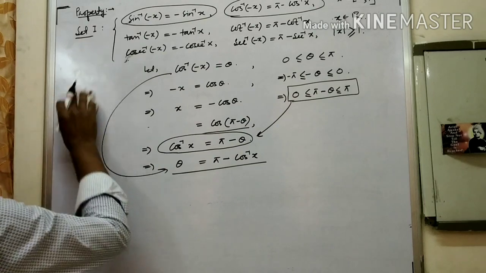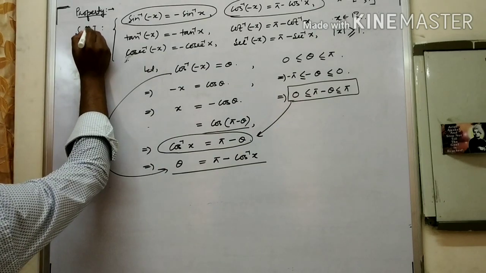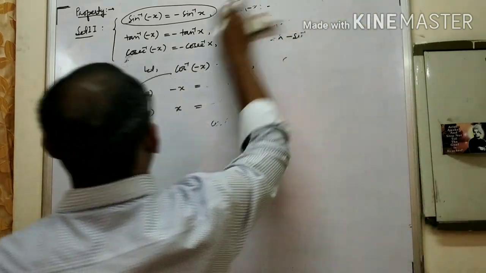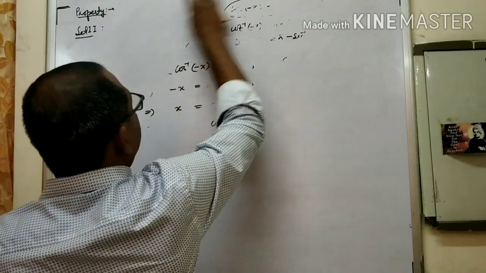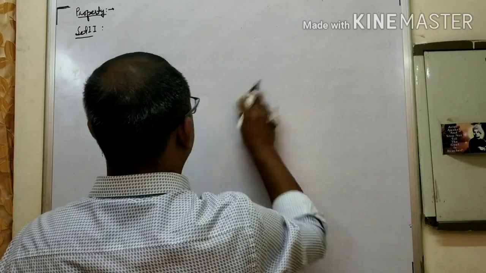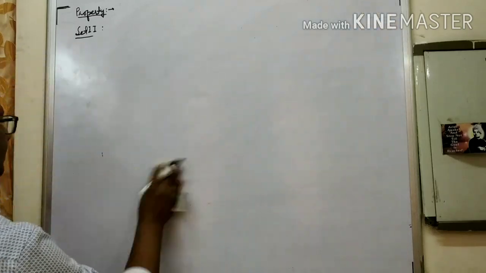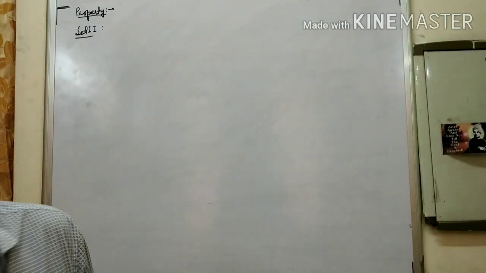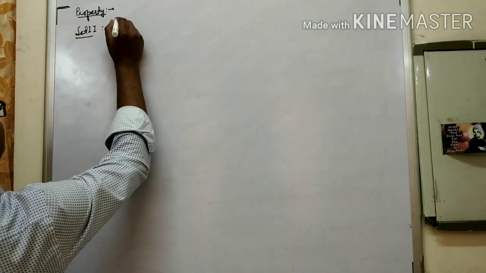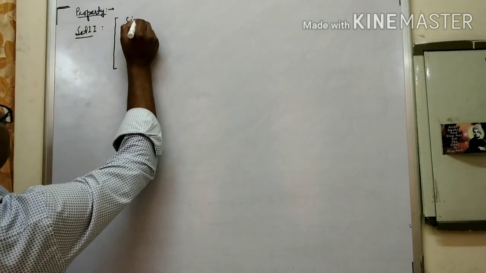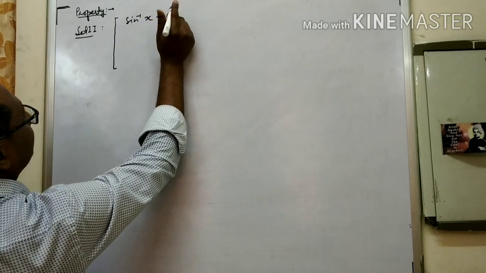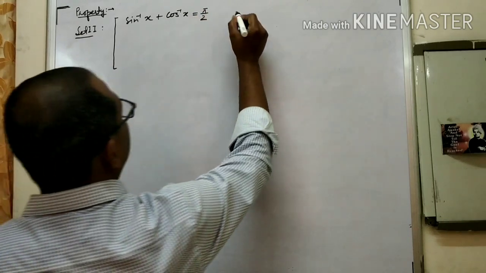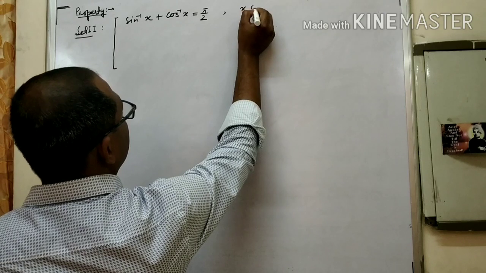Okay, we'll go for the second set of properties, that is, for all x belonging to minus 1 to 1, sine inverse of x plus cos inverse of x is equal to pi by 2.